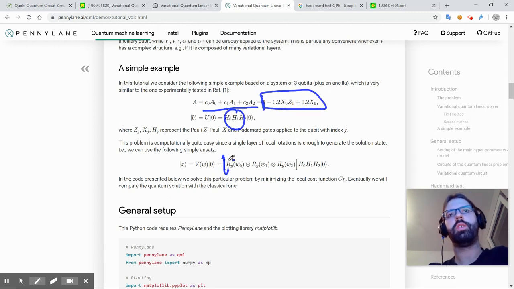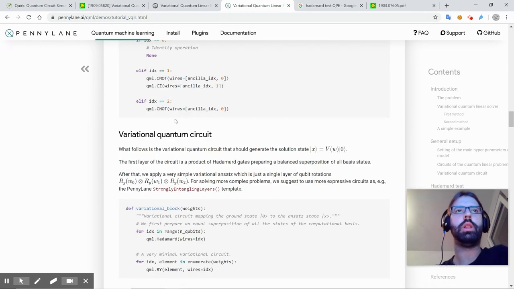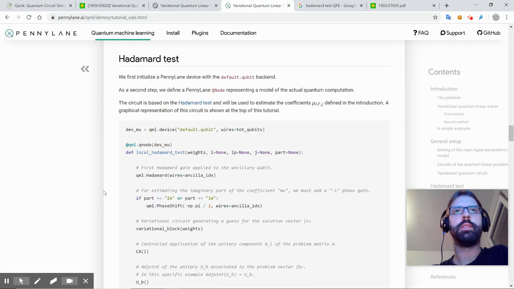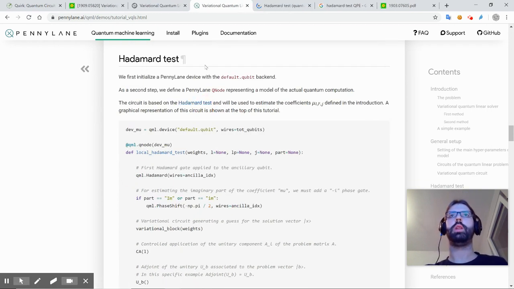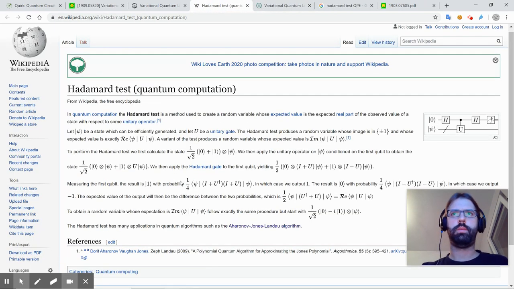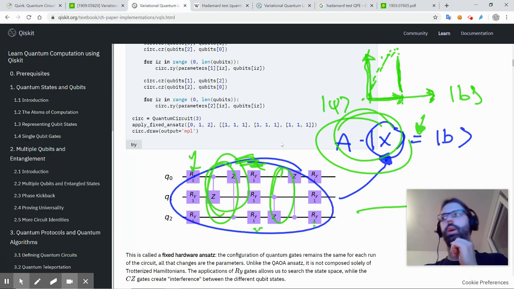And here they use a simpler ansatz, just one layer of rotations. But there's no really intuitive explanation of why the Hadamard test gives you what you need. If we take a look at the Wikipedia, that's basically the same kind of demonstration about the expectation value and stuff like that. So I want to play with this a little bit.